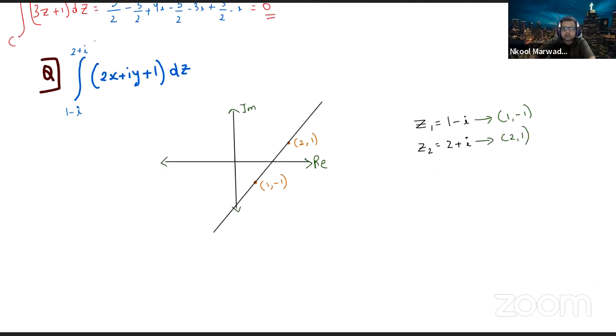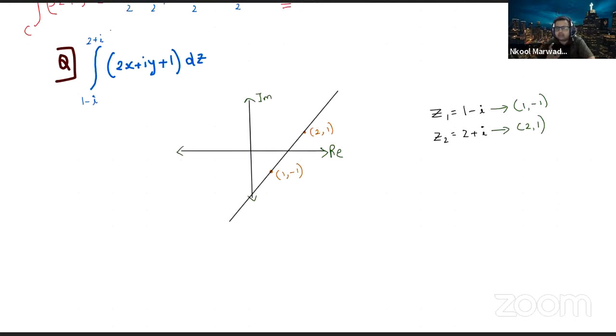Let us try to do this. So now we have visualized the contour. Now our goal is to find the equation of the contour, because the contour is a straight line and I know how to find the equation of a straight line. Let us do that.